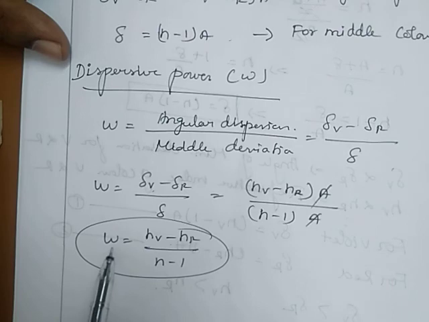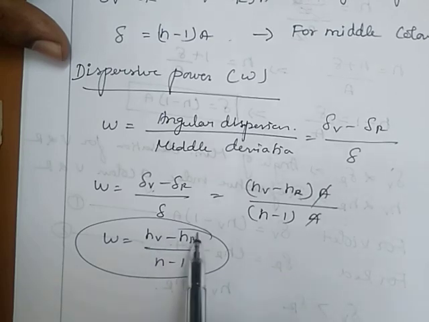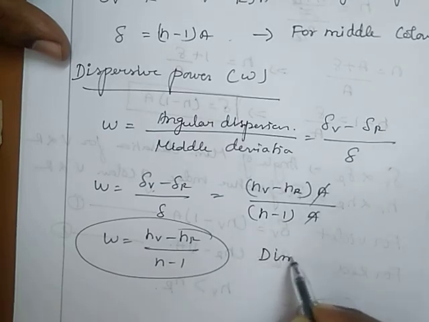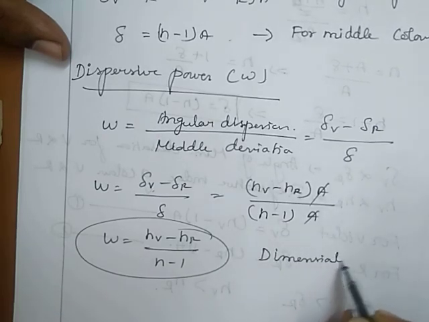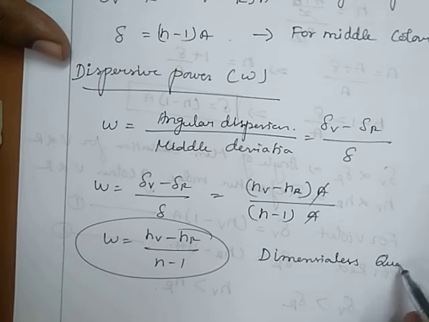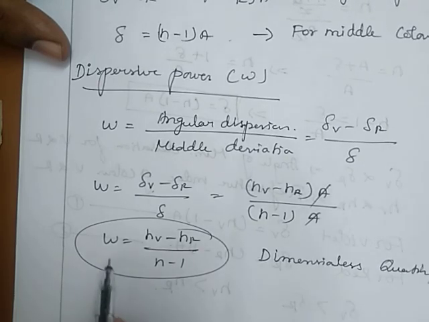Here the dispersive power is a dimensionless quantity, and it depends only on the nature of the material of which the prism is made.